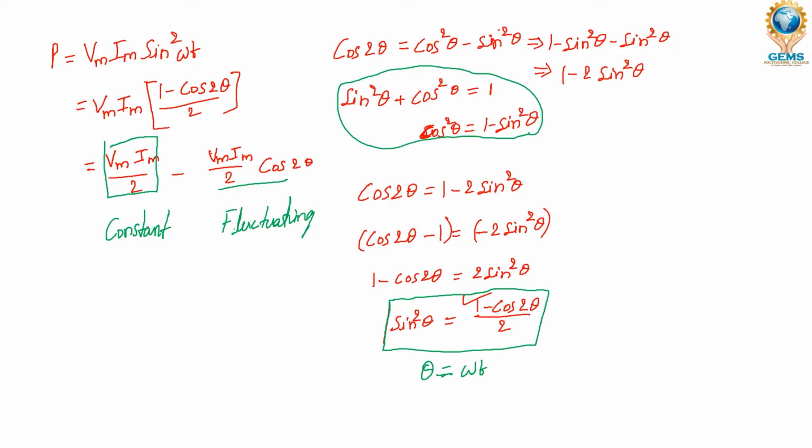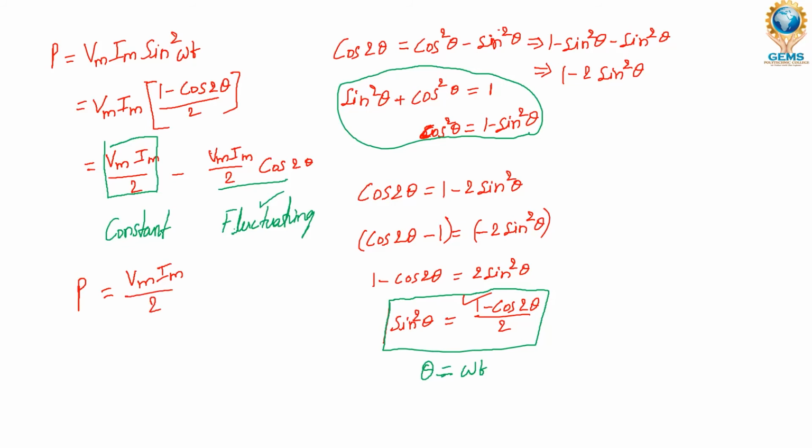This fluctuating value is going to become 0. Fluctuating will come 0. Now we take this power: power equals Vm Im by 2.